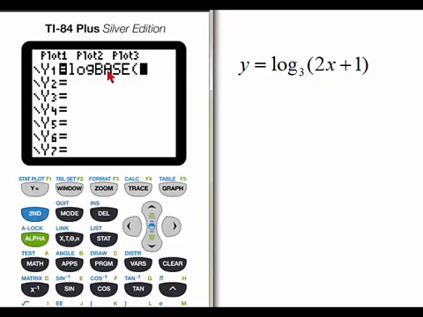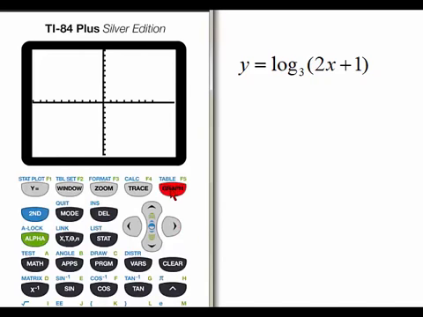The first thing that you're going to do is enter in the expression, and that's 2x plus 1, and then separate that with a comma, and now enter in the base, which is 3. And then close the grouping symbol, and there's the correct format if you're in the classic mode. It's the expression, then a comma, and then the base.